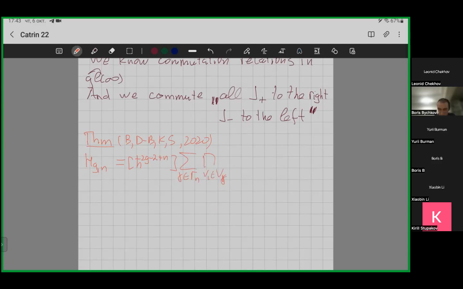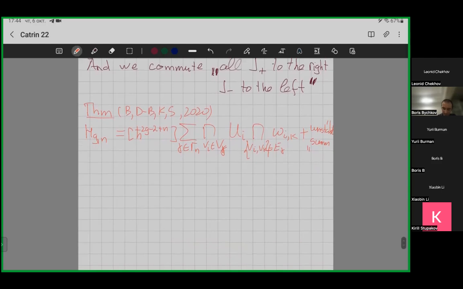The gamma UI product over all VK is from gamma omega k plus some unstable summands. And who is this U?